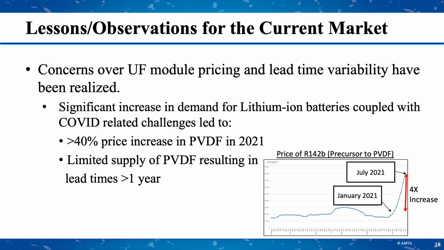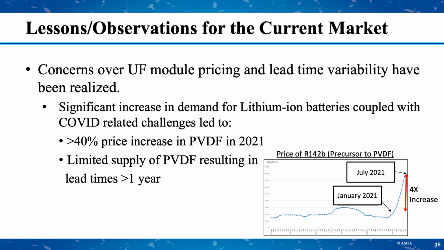have been realized. We had a major increase in demand for lithium-ion batteries, which use PVDF, and along with challenges related to COVID, those things led to over a 40% increase in the price of PVDF in 2021. You can see in the graph on the right there, that is the price of something called R142B, which is a precursor to PVDF.